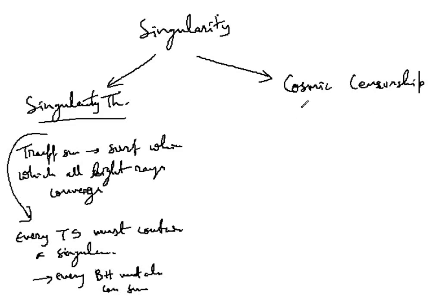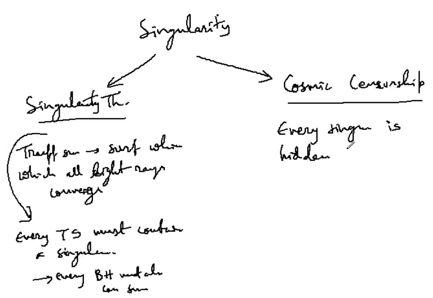Now basically what it tells is that every singularity is hidden behind an event horizon. Now of course I'll talk about this event horizon in a minute, but these are important concepts. You keep this in mind for the time being.